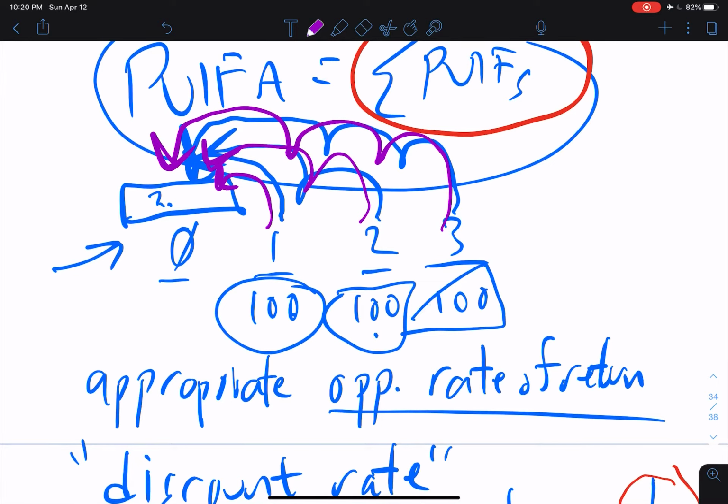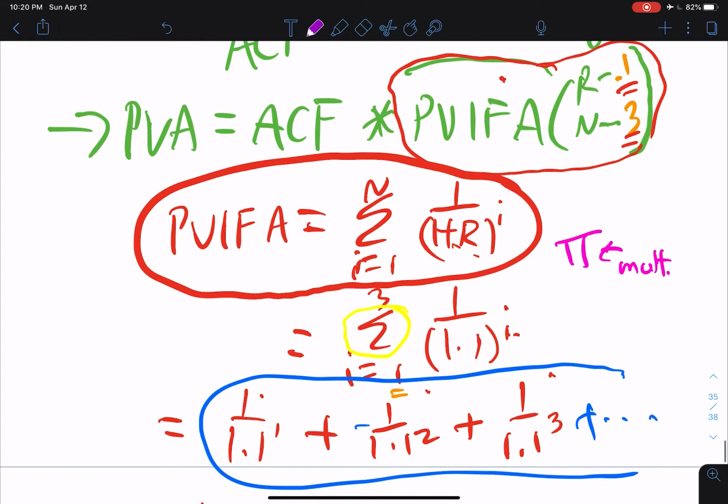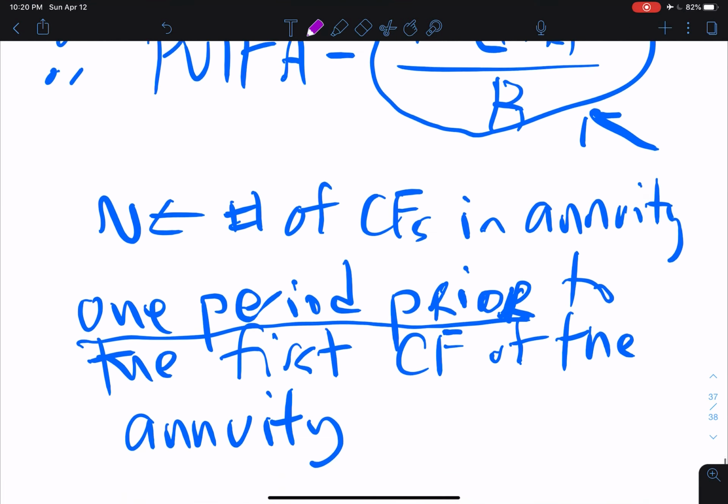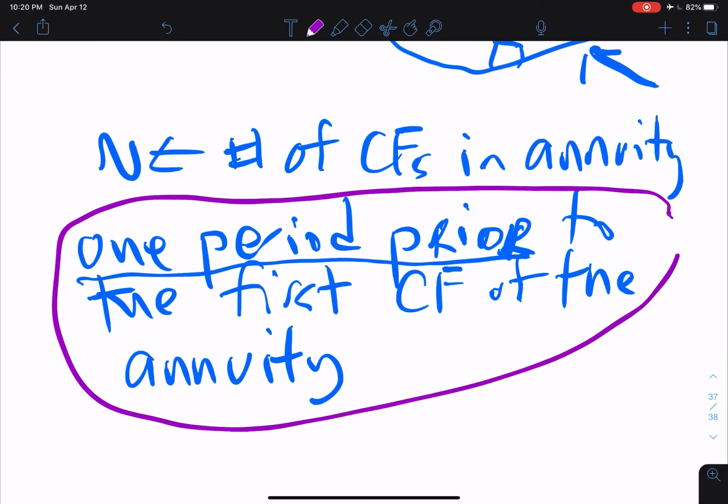They were all going to date 0, so we valued them all at date 0, which is 1 period prior to the first cash flow of the annuity. So we built our PVIFA to be like this. So make sure you remember this very important point here.